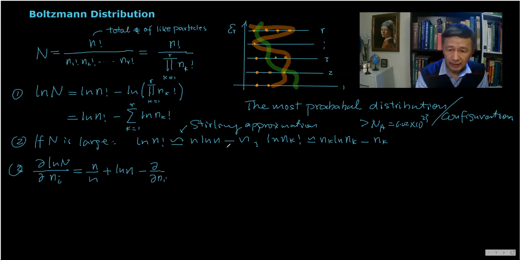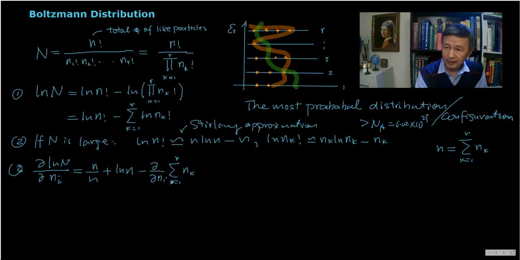So what is this n? The n can be rewritten as a sigma. Here we have introduced the constraint, so we have rewritten n in the sigma form, that is the sum of nk, k from 1 to r.